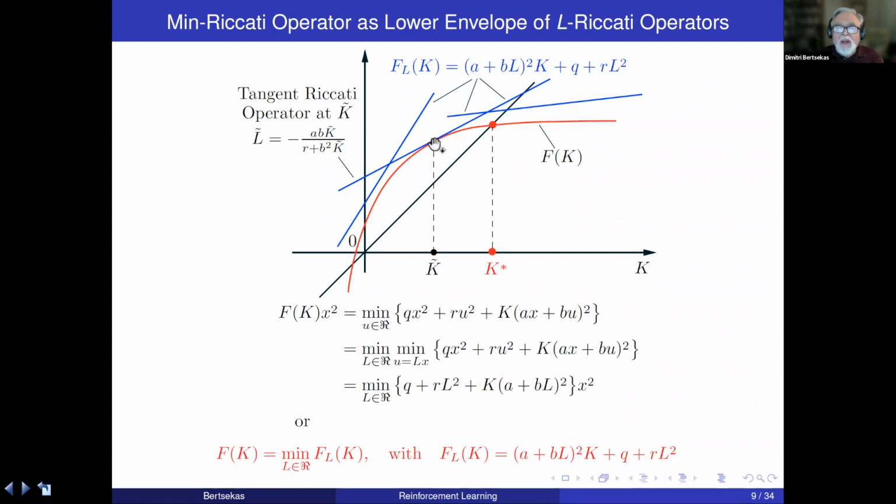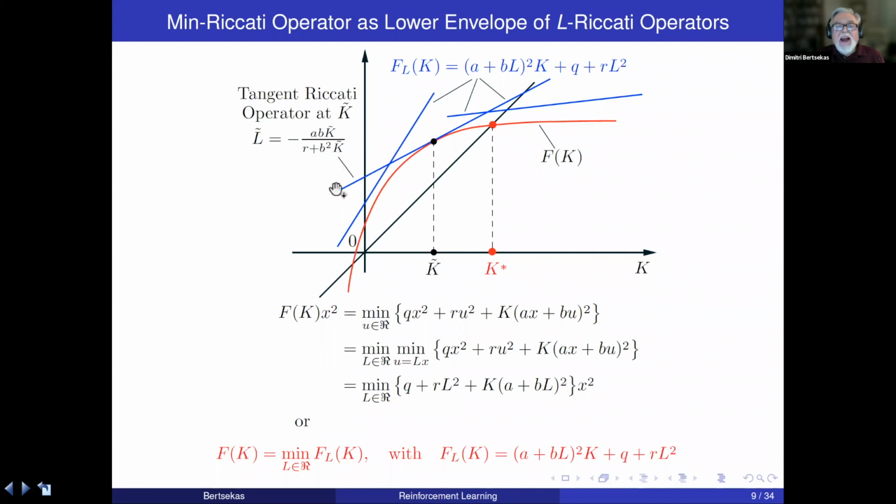And moreover, this Riccati operator is tangent to the min Riccati operator, and it is tangent because this f is concave. It cannot cross under the red curve because all of these blue lines lie above the red curve. So from k tilde, we can compute the tangent Riccati operator at k tilde according to this expression.